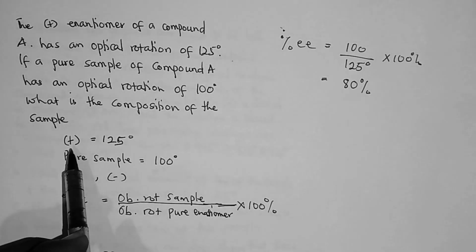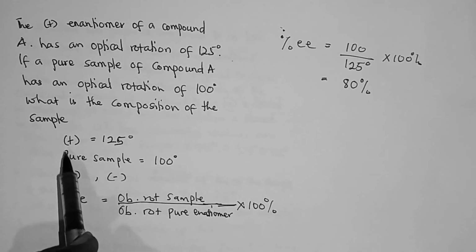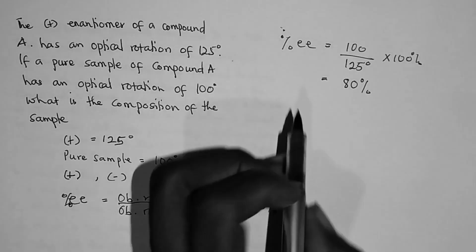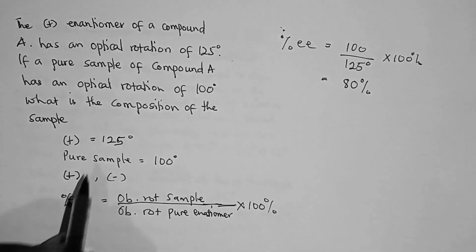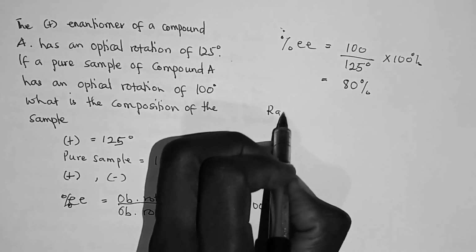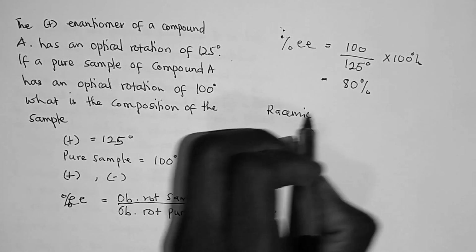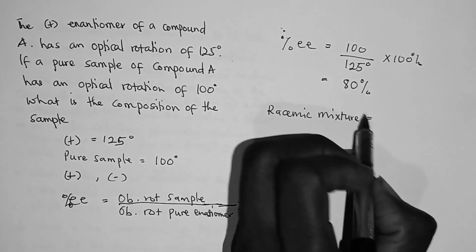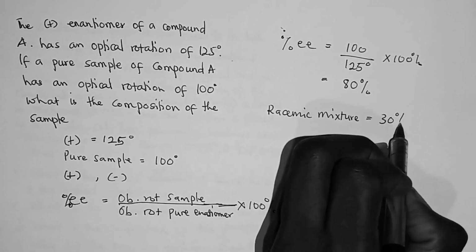So this implies that the plus enantiomer is in excess of 80%. What does this mean? Since the plus enantiomer is in excess of 80%, it means that the racemic mixture has a composition of 30%.